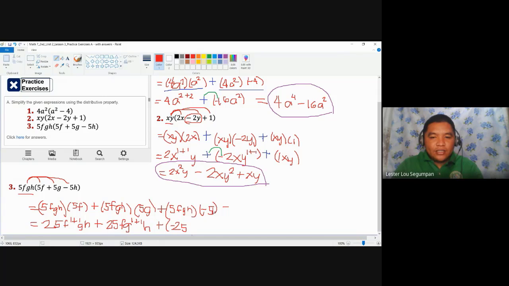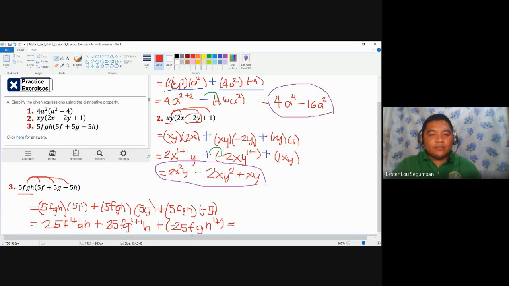By the way, it has H here. Sorry for that. Let me erase this. Okay. So 25. F has no partner, it stays F. G will stay G. But H has a partner, 1 plus 1.